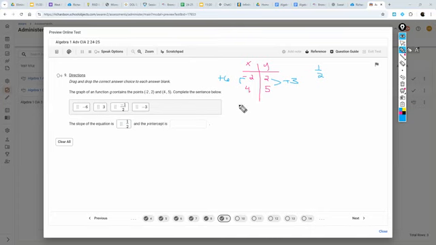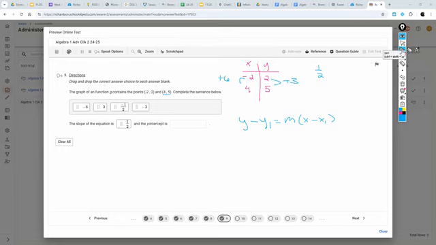Then I'm going to put this in point slope formula, which is y minus y1 equals m times x minus x1. So I'm going to use 4 and 5 because they're both positive and I won't mess it up as easy.